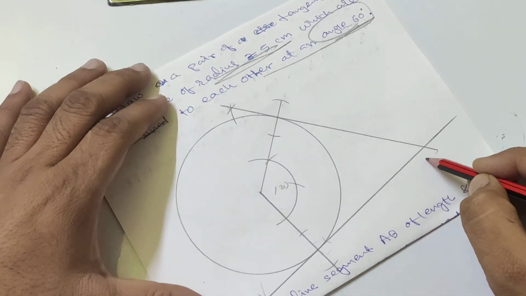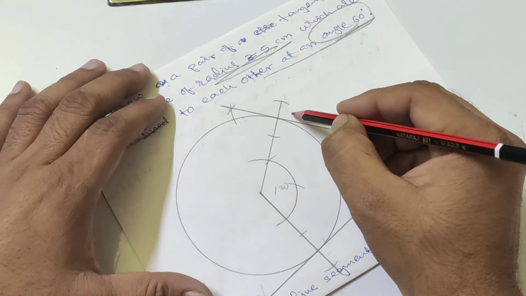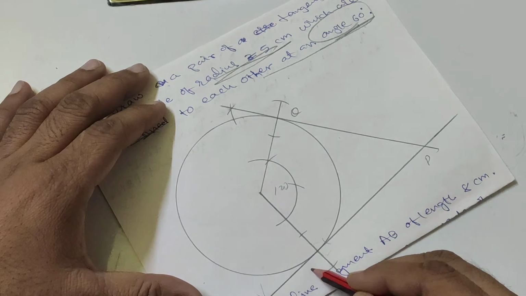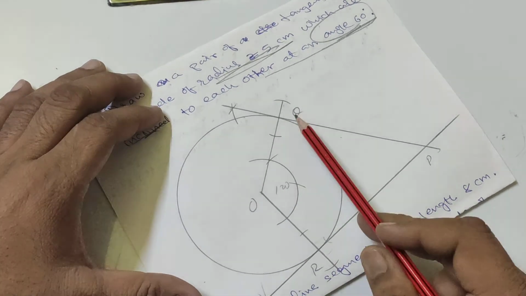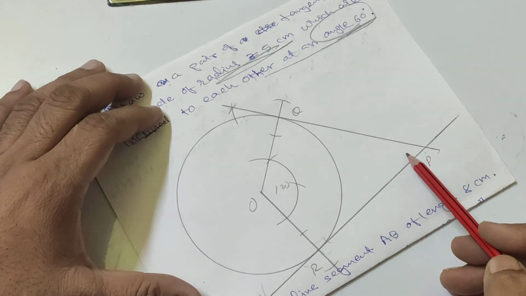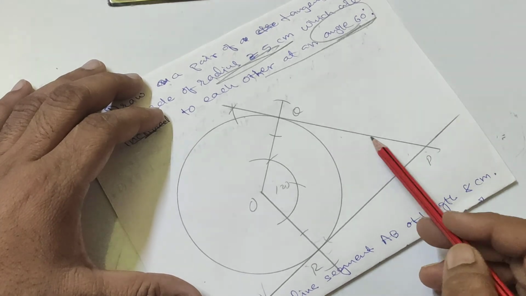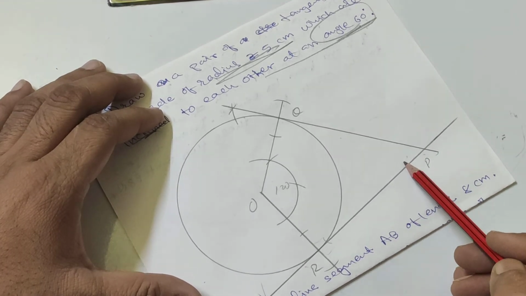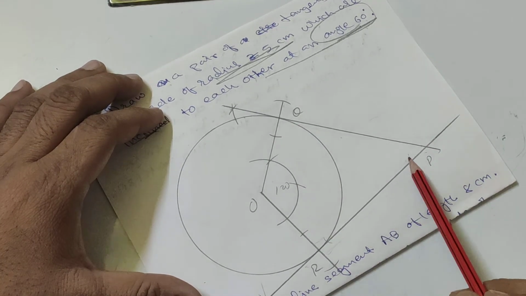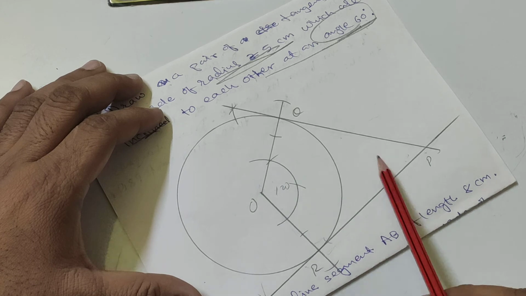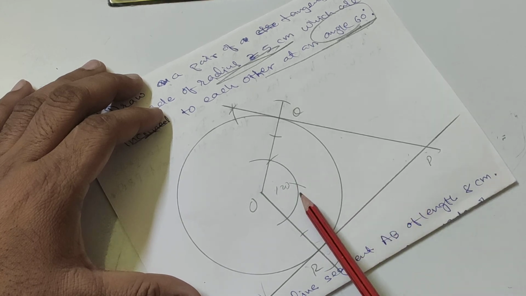So here's a point P, I can say. Let me call these Q, R, O. So angle RPQ will be 60 degree. How can you say that the angle between these two tangents is 60 degree? Because this is a cyclic quadrilateral, and in a cyclic quadrilateral opposite angles are supplementary.